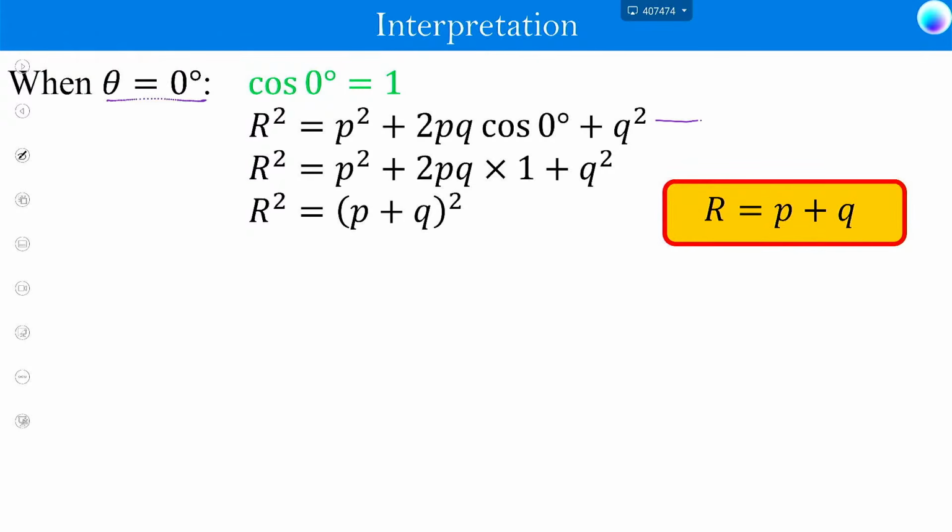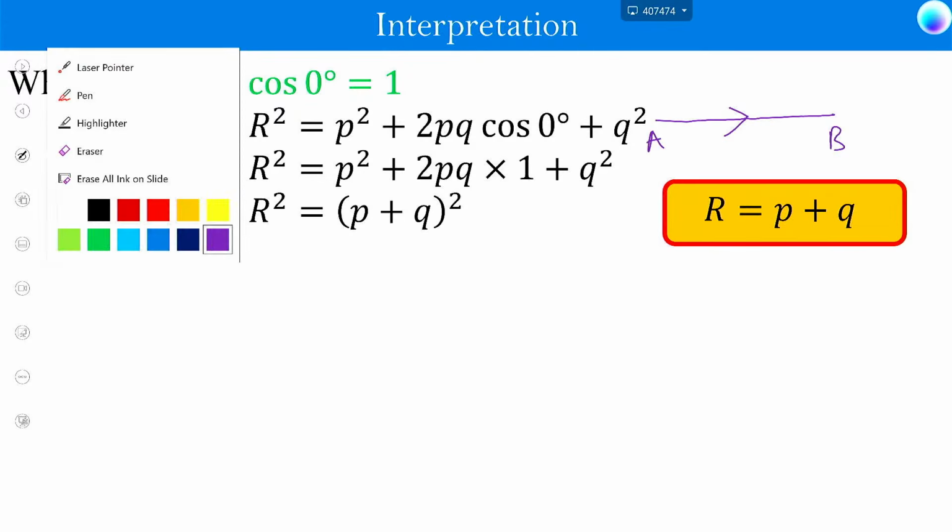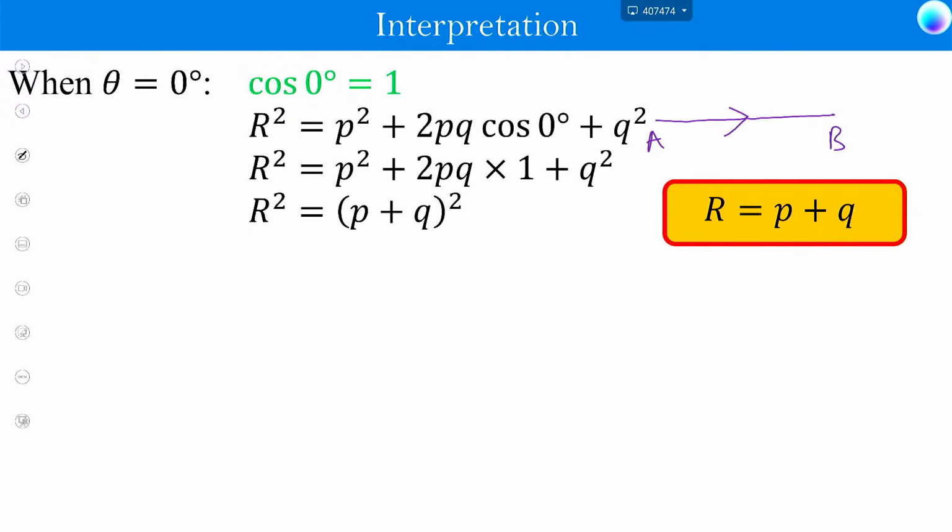When we have two vectors, P and Q, and I'm using a different color to give you the idea, and they are not acting with an angle because they are acting in the same direction, you don't have to go for this big formula.